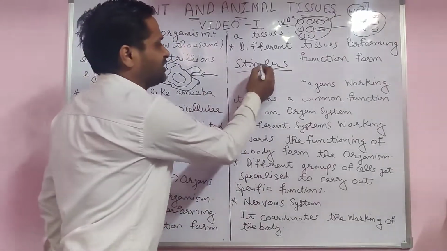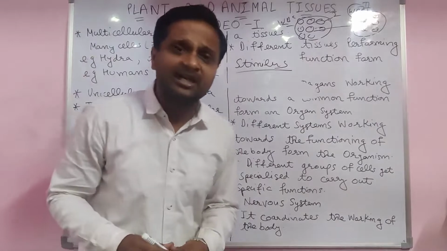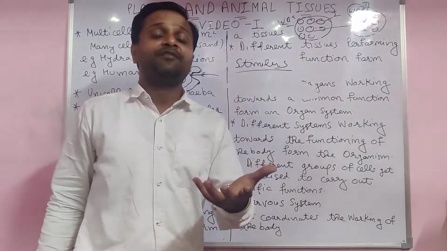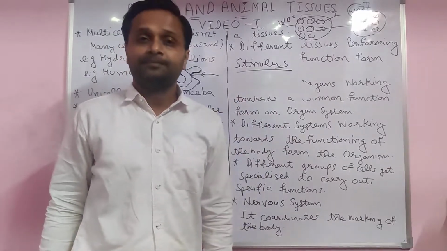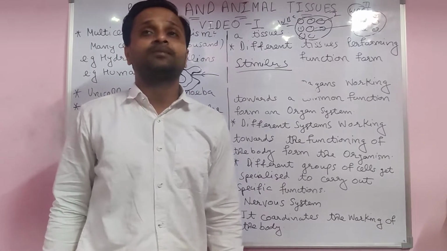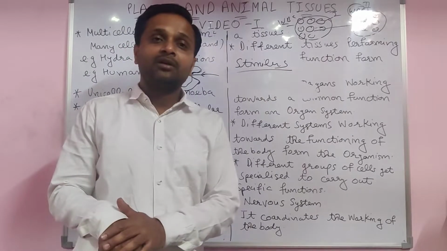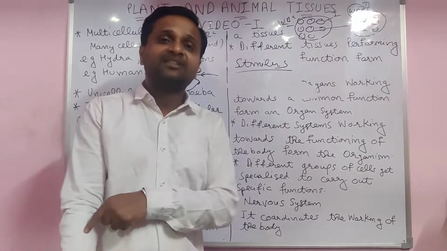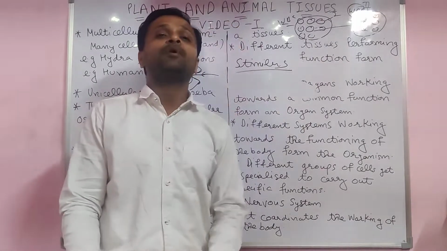Stimulus. Where does the word stimulus come from? It is a change. If any change happens around them, then our sense organ senses it, perceives it, and sends the message to the brain with the help of neurons.